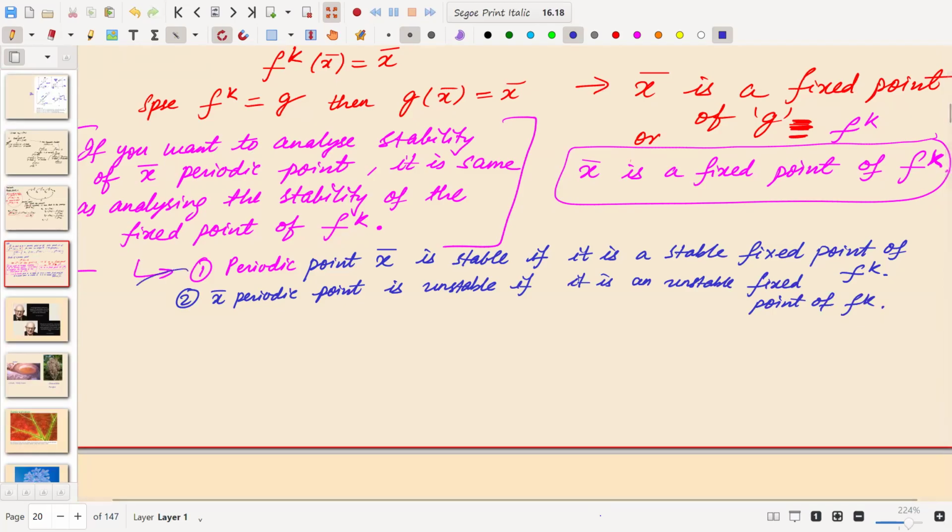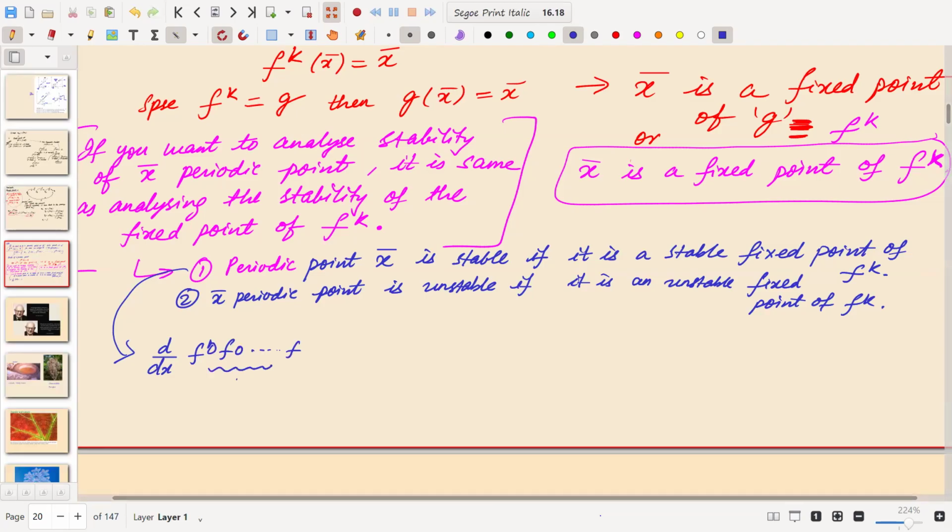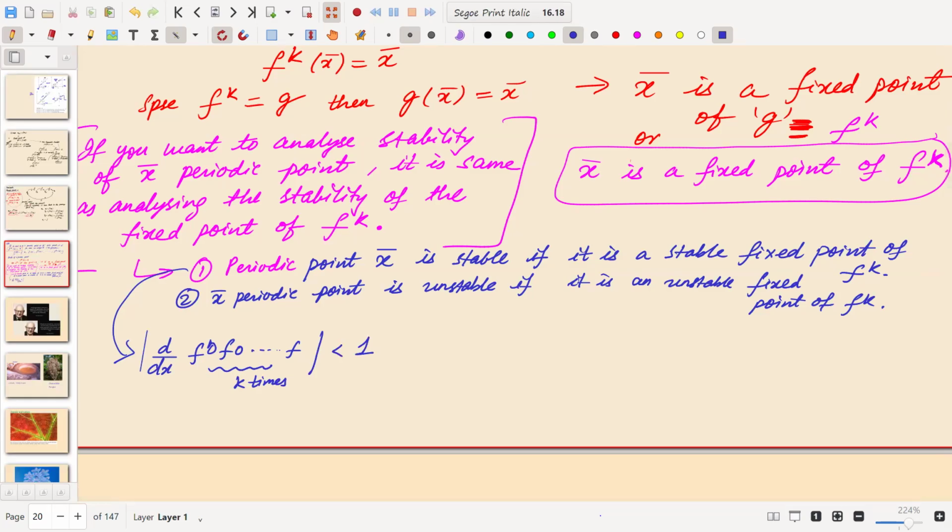Now, what do I mean by the first step? If it is a stable fixed point, what do you need to do? Take the derivative of f^k, meaning d by dx of f composed with itself k times, and that derivative should be less than 1 in absolute value.